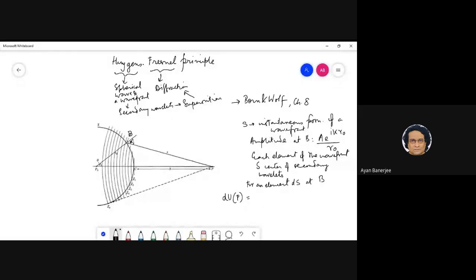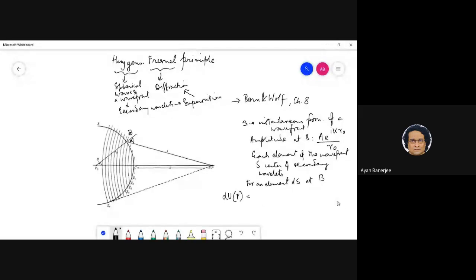Essentially, what I want to do is find the field at P due to a very small surface element dS at this B. That is now the source of secondary wavelets, so naturally the amplitude here emanates secondary wavelets.